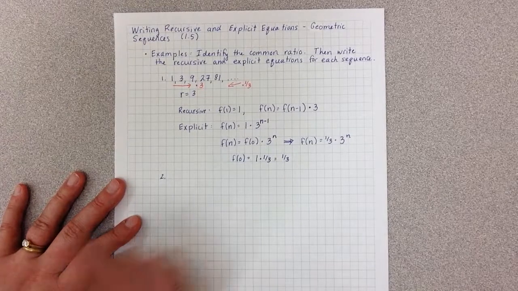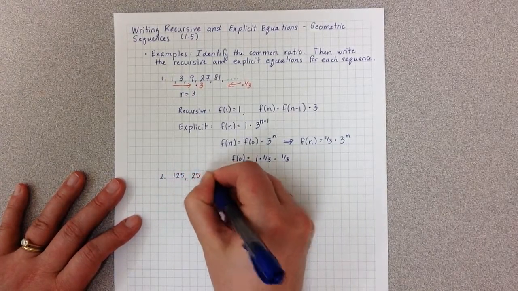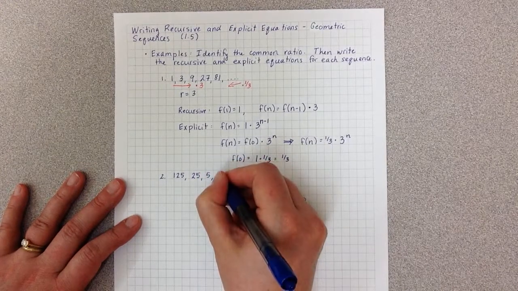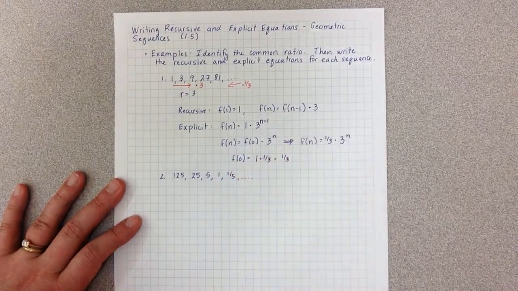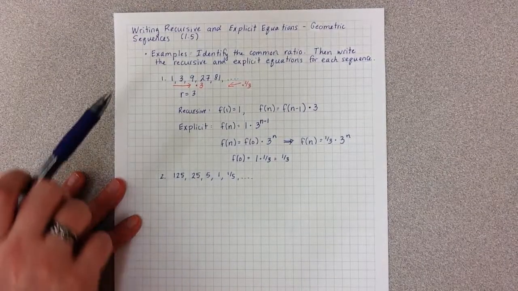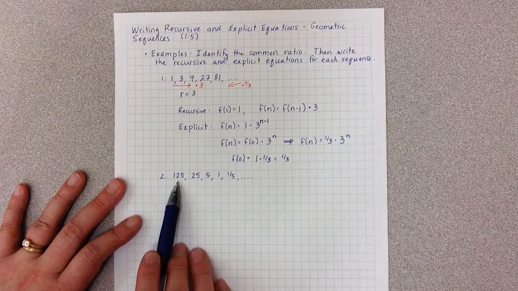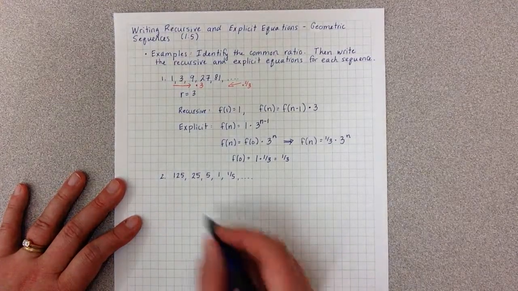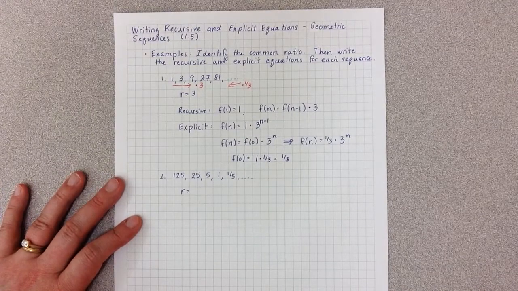Example 2, 125, 25, 5, 1, 1/5, etc. So unlike example 1 where I start small and I'm getting bigger, in number 2, I'm starting big and getting smaller, which means that my r, my common ratio, is actually going to be a fraction.